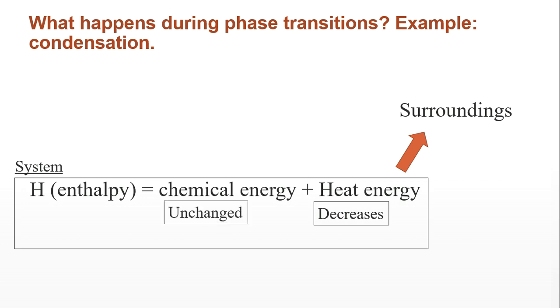The chemical energy is unchanged. The water molecules remain water molecules, but the enthalpy of the system decreases because energy is flowing out of the system in the form of heat energy. So that's a model that I like to use when I think about the route the energy is traveling through a system out to its surroundings or vice versa. Maybe it will help you to think about these concepts.